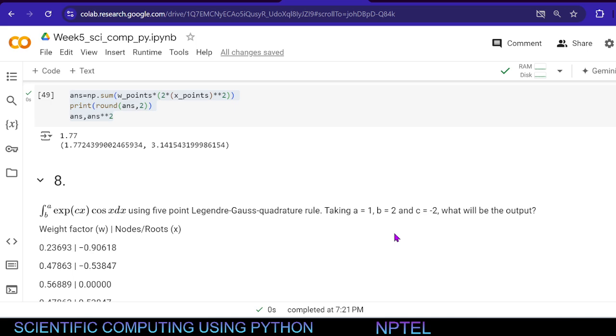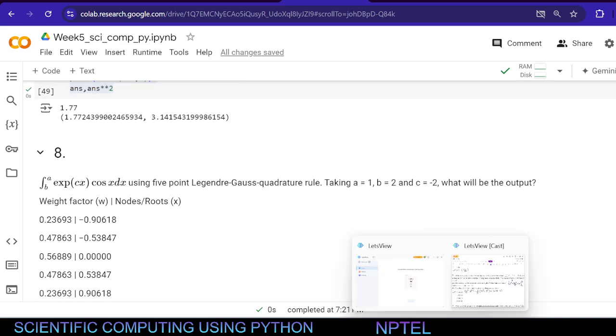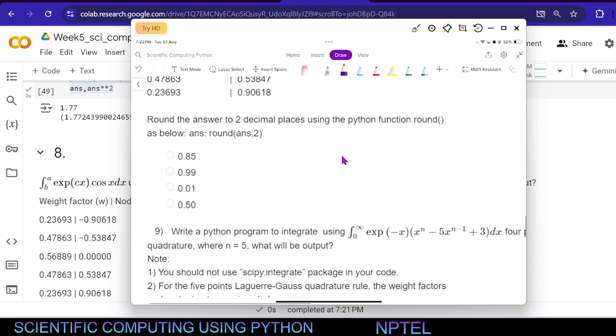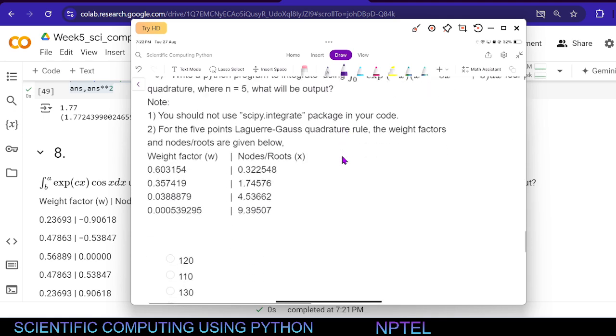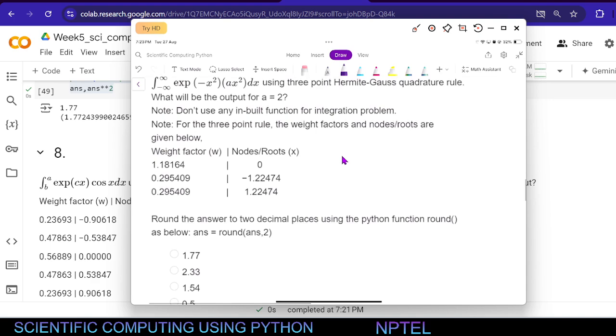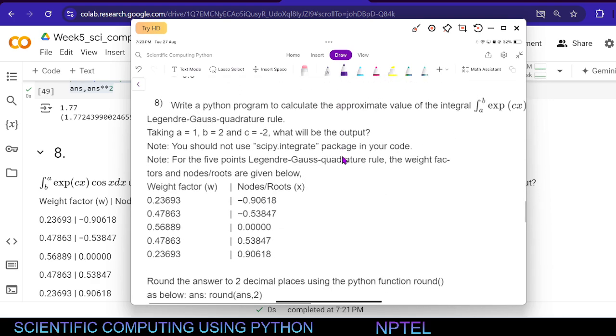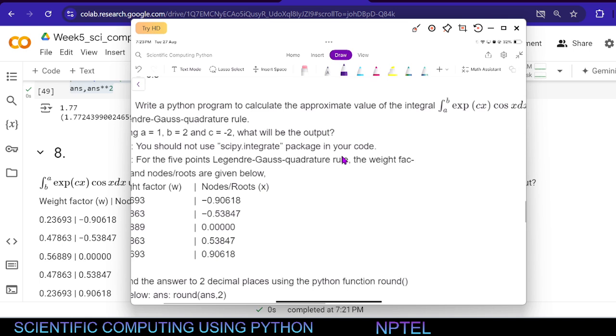It should be minus 1 and 1, which means we have to first transform the problem into the correct limit. What was it? The eighth one, yeah. So what we are given is the integral from 1 to 2 of e to the power minus 2x cosine of x dx. Yeah, you are absolutely right. Thank you.